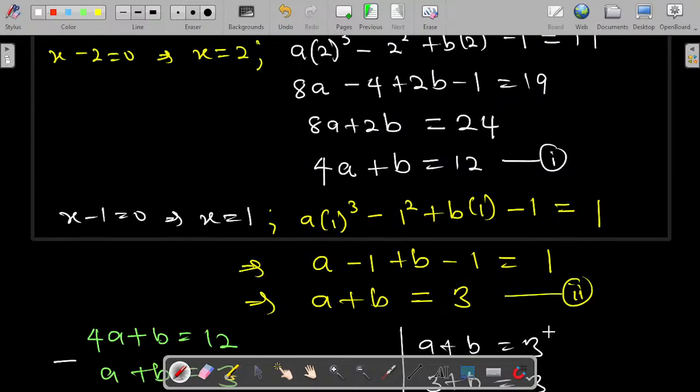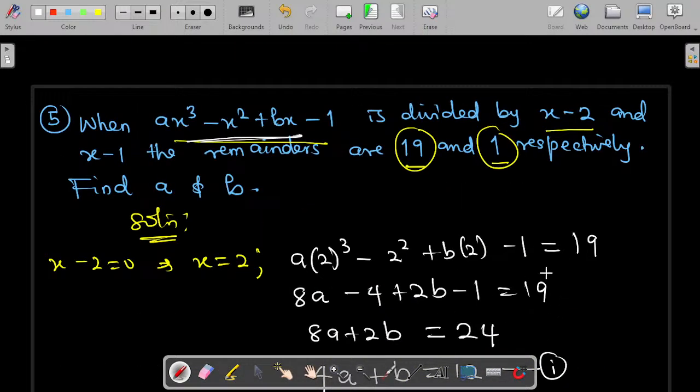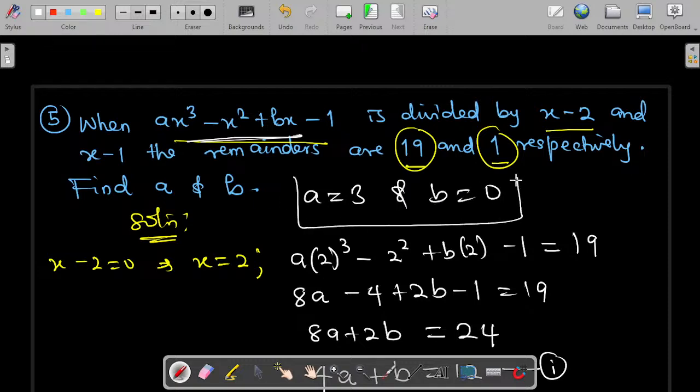Wow, this is very beautiful. So that means for my x minus 2 to have a remainder of 19 and x minus 1 to have a remainder of 1, my a must be equal to 3 and my b must be equal to 0. Okay, and that is the solution for this problem.